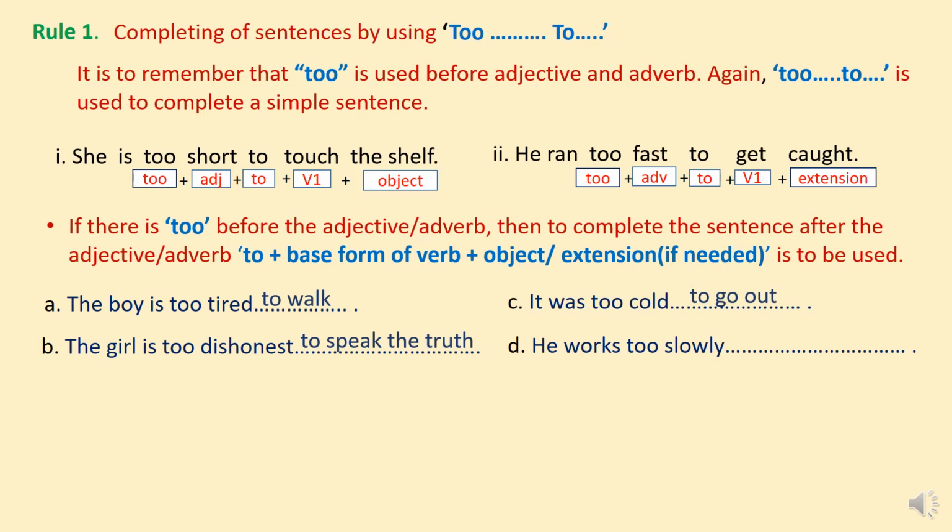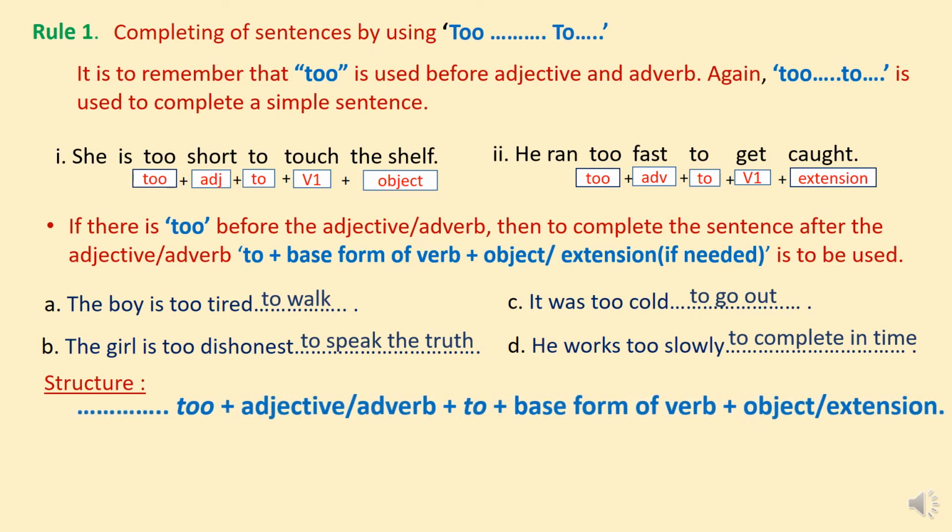He works too slowly to complete in time. So, the structure which is to be followed if we find too plus adjective or adverb: too plus adjective or adverb plus to plus base form of verb plus object or extension.